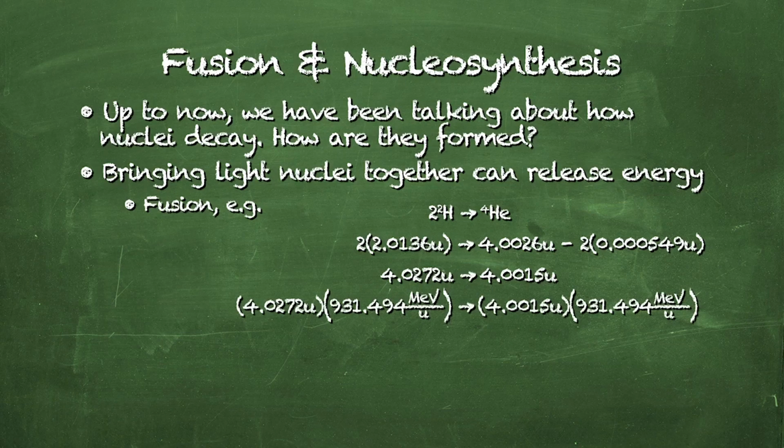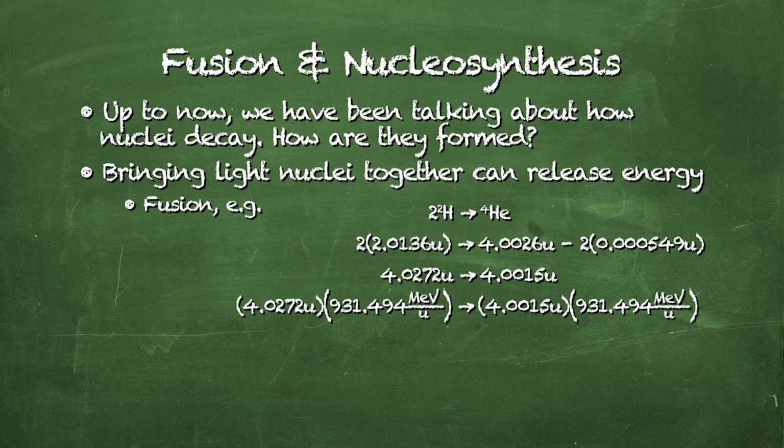4.0272 atomic mass units times c squared, which is 931.494 mega electron volts per atomic mass unit, yields 4.0015 atomic mass units times c squared, which is 931.494 mega electron volts per atomic mass unit.